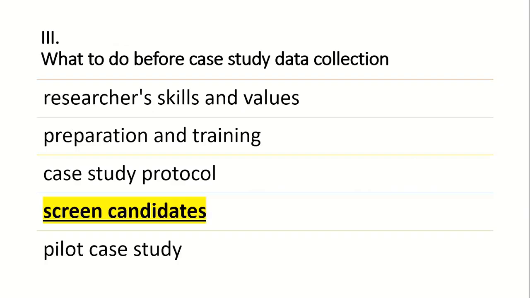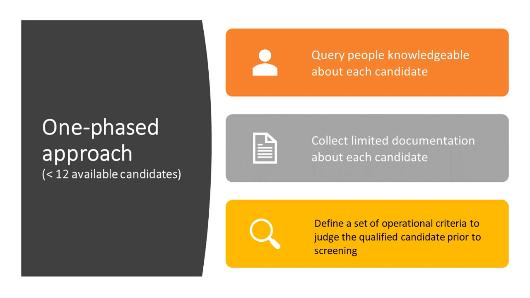Now let's move to the fourth part of this chapter, that is to screen candidates. When you have less than 12 available candidates, you use one-phased approach. You can either ask people who know your candidates well, or use documentation that records details of each candidate.